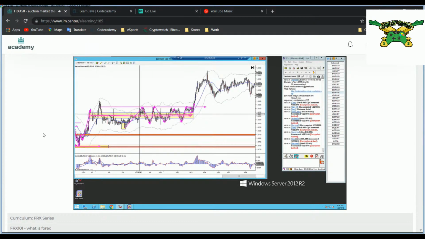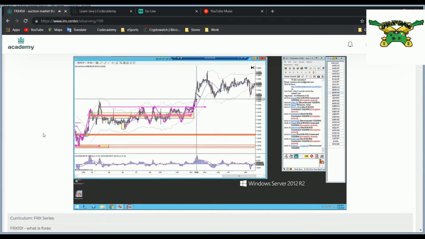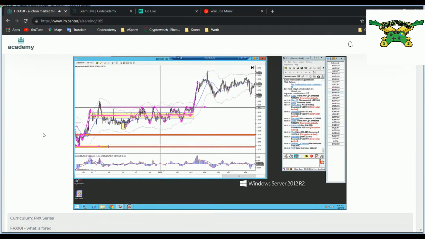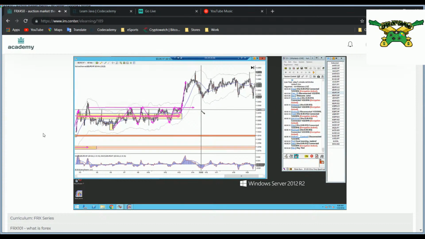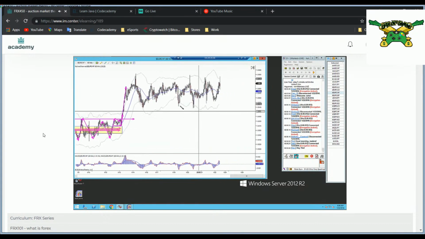Auction market theory. It's the auction market. This is the theory. Everybody wants to be in. It went sideways so far, it needs to go up. Then it goes sideways again.